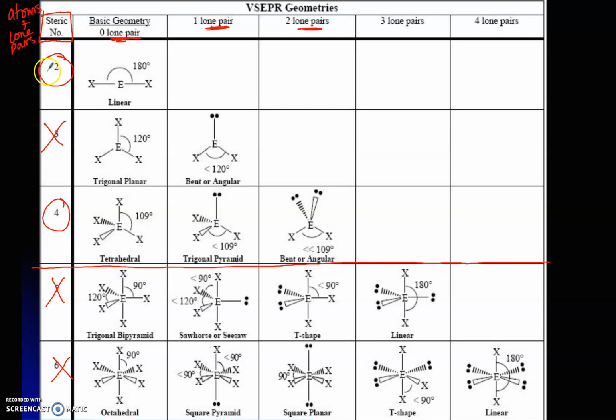Okay, so a steric number of 2 means that you have your central atom. E is your central atom, or the atom in the center of everything. And X are the atoms bonded to it. Okay, bonded atoms. So how far can 2 things really get from one another? On complete opposite sides, right?